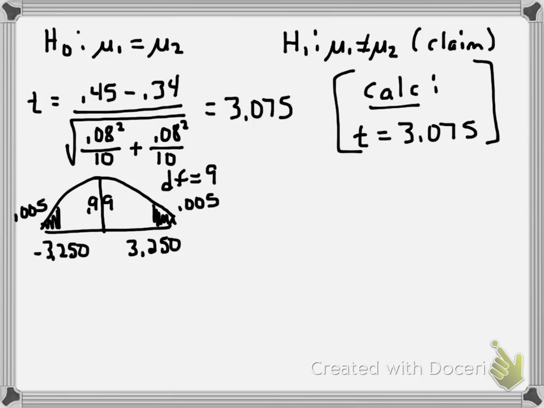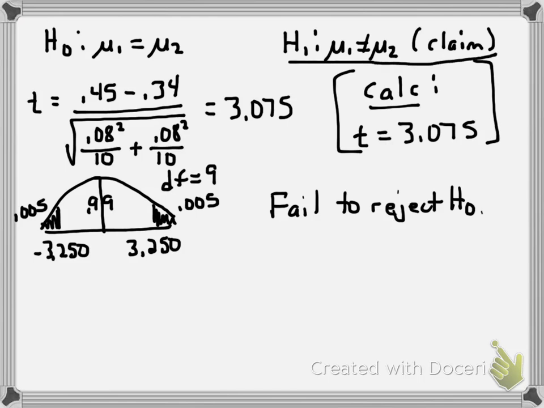So the test statistic of 3.075 is between the two critical values and not in either critical region. So therefore, we fail to reject the null hypothesis. So the claim is with the alternative hypothesis.